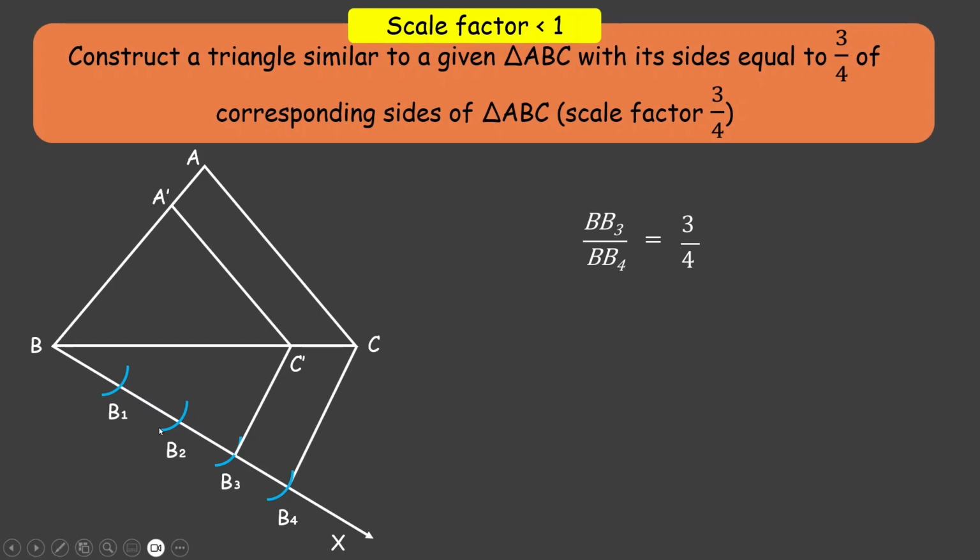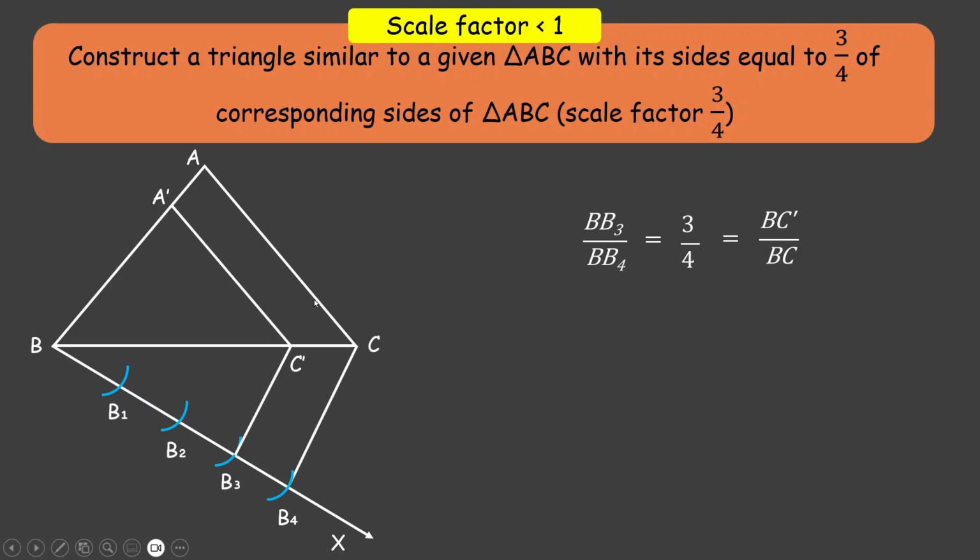3:4, right? Now in this triangle B4C, you see that this line is parallel to this line. According to Thales' theorem, the ratio of B3 to B4 will be equal to BC dash upon BC, right? So we now know that this is 3 parts and BC is 4 parts. Once again, in this triangle ABC, this line is parallel.